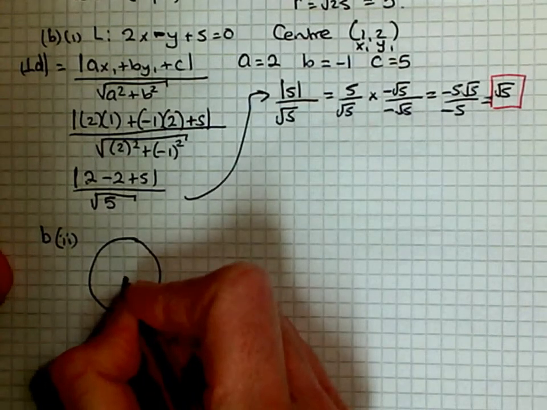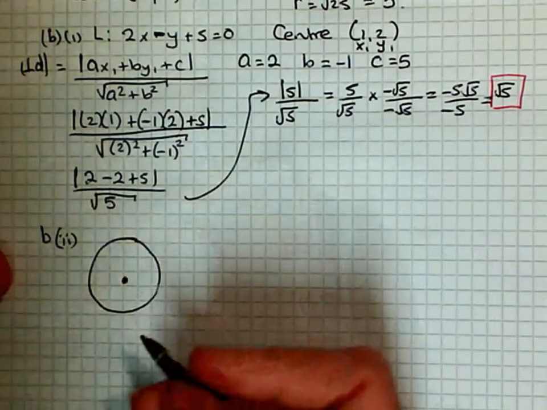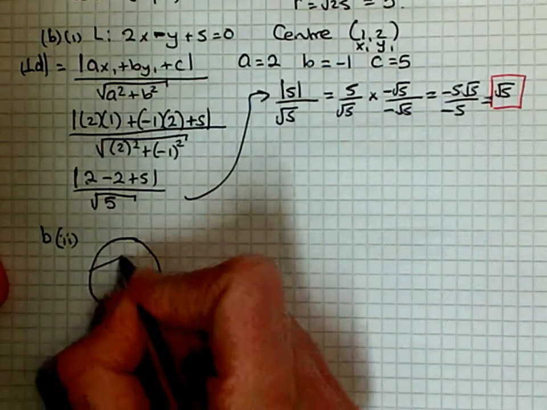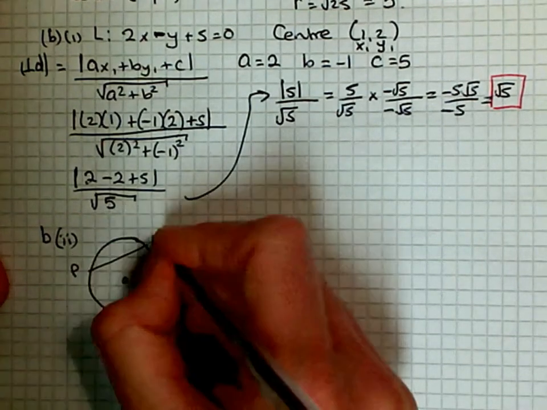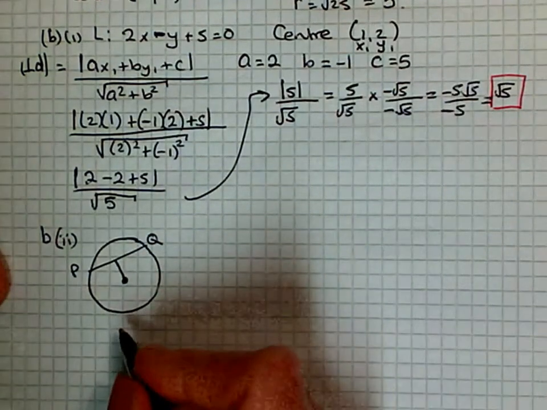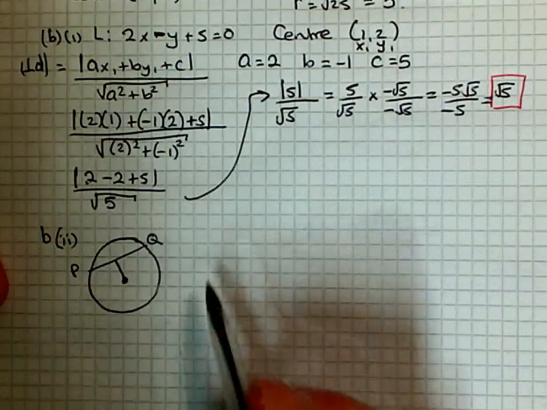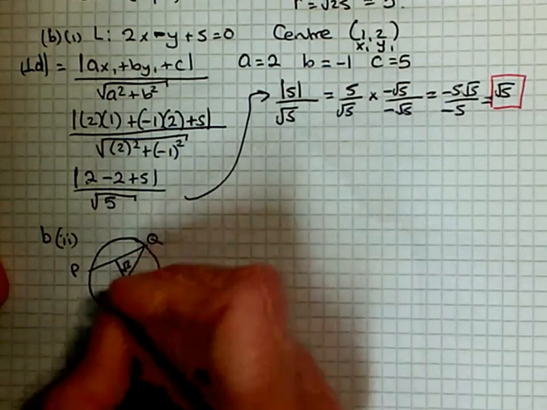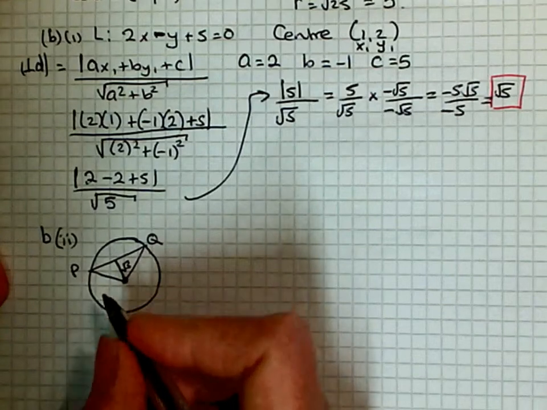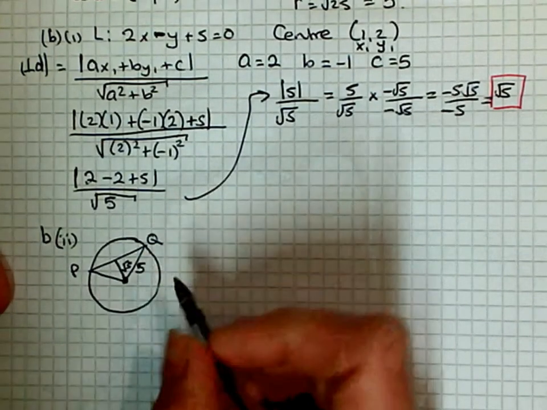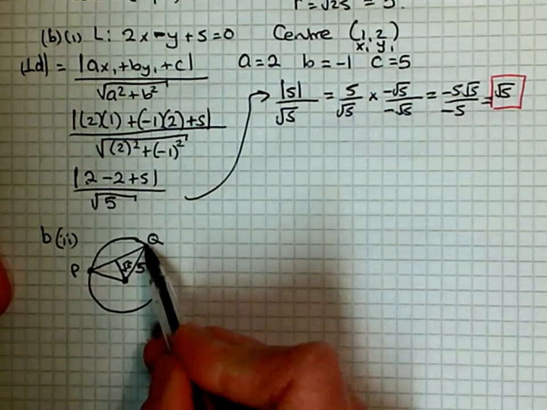We know the centre of this circle, and we know that the line intersects the circle at P and Q. We know the perpendicular distance from the line to the centre is root 5, and we know the radius of our circle from part A is 5. What we're asked to find is this length here, PQ.